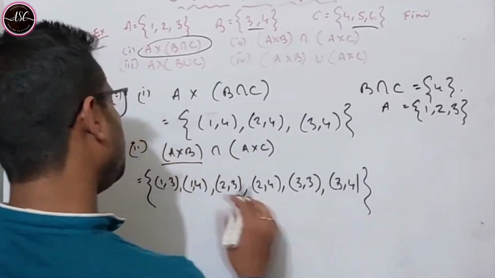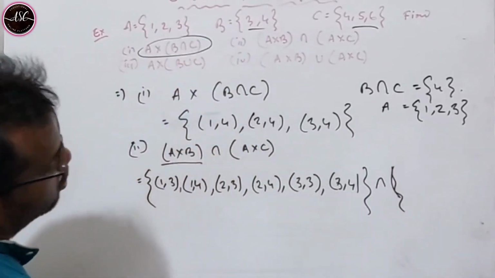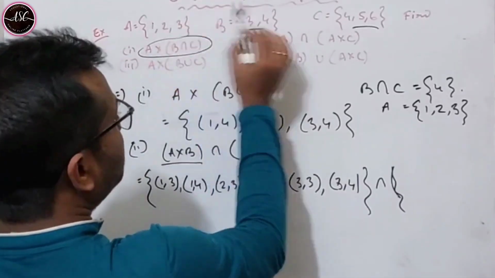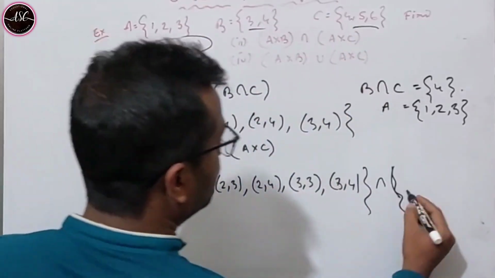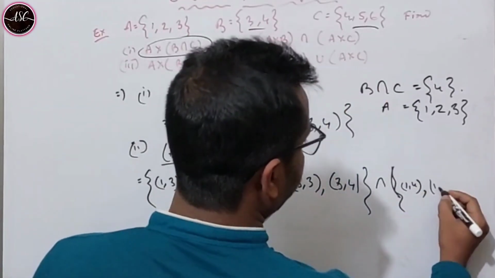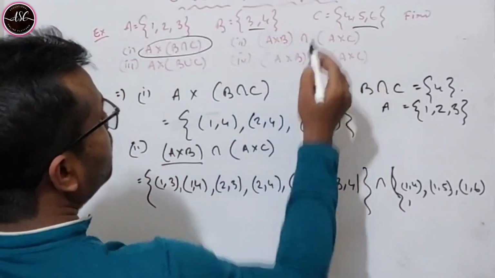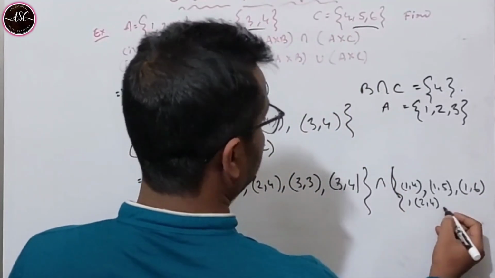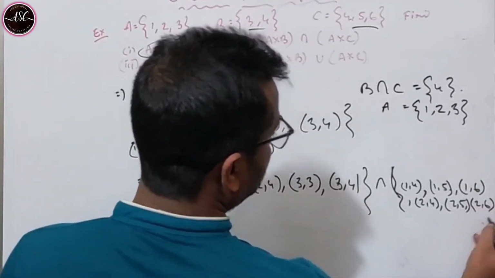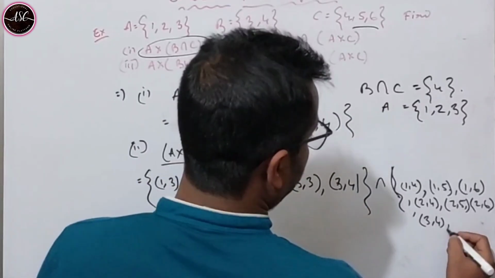This is the Cartesian product A cross B. Then this intersect A cross C. What will we get? The first element with the first element of C: (1, 4), (1, 5), and (1, 6). Then the second element: (2, 4), (2, 5), (2, 6). Then the third element: (3, 4), (3, 5), (3, 6).